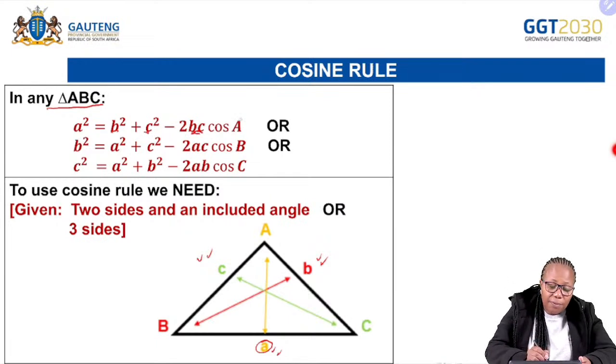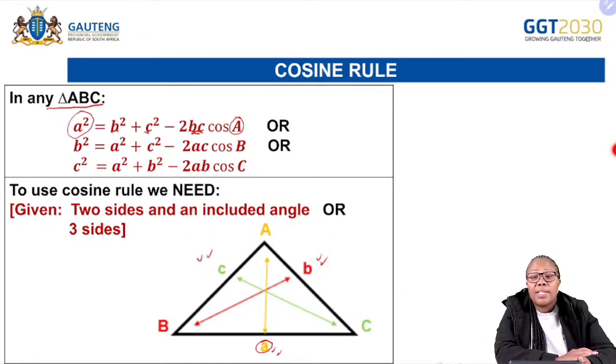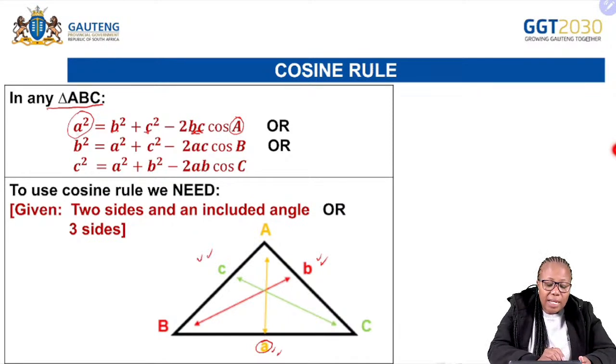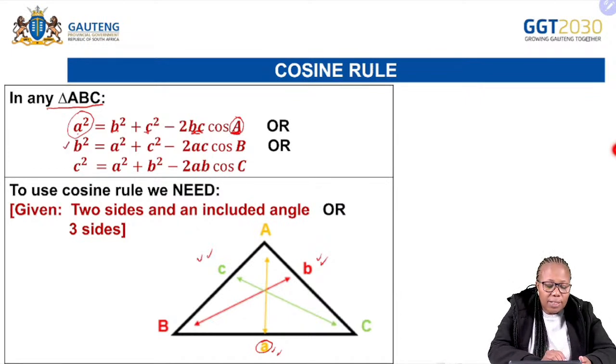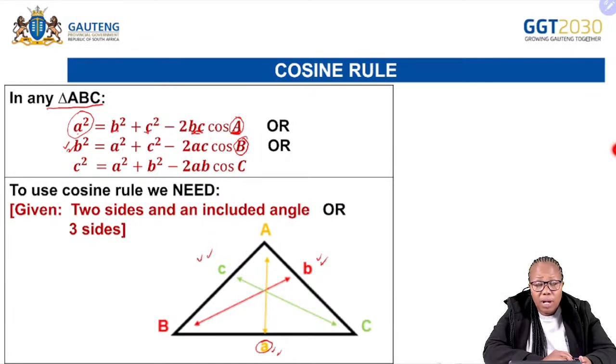If you look at this angle here, it has a relationship with the side that you will be calculating. If I'm looking at side a, therefore my angle must be angle A. And if I'm looking at side b, my angle will be angle B. So if I'm looking for b squared, I must be given a and c to be able to calculate b squared with angle B given to me.